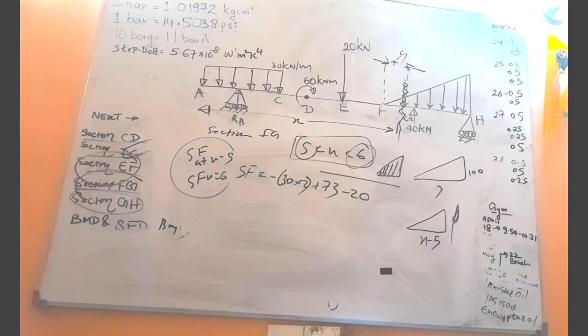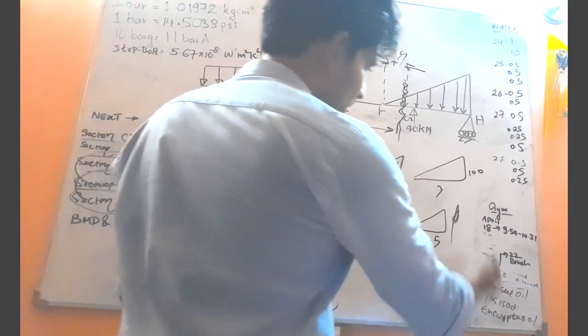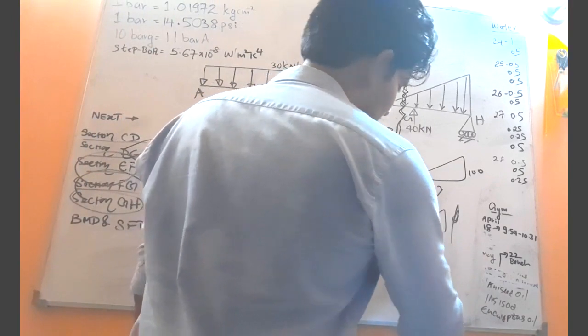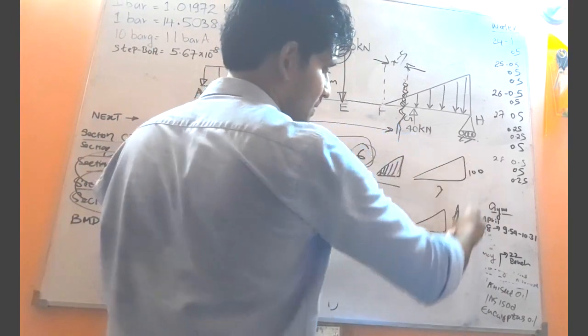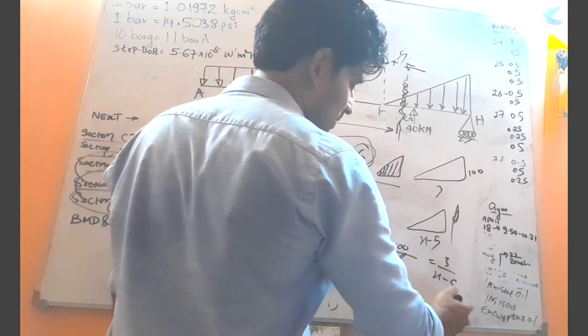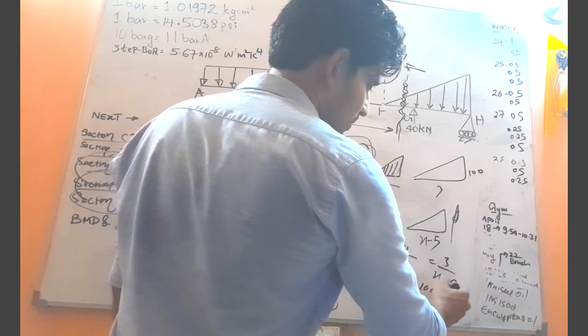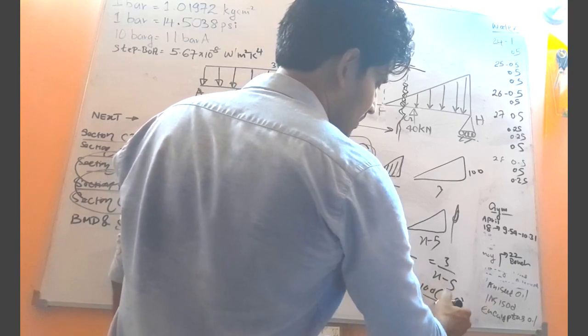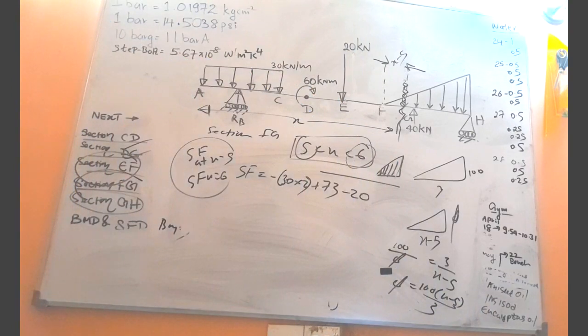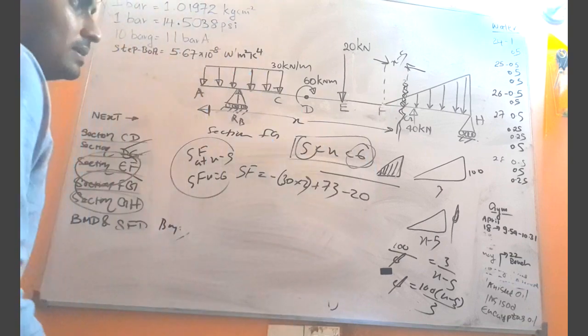There's a little ratio theorem we are going to use. 100 divided by 5 equals 3 divided by x minus 5. So 5 equals 100 into x minus 5 divided by 3, right? Then that portion is coming.